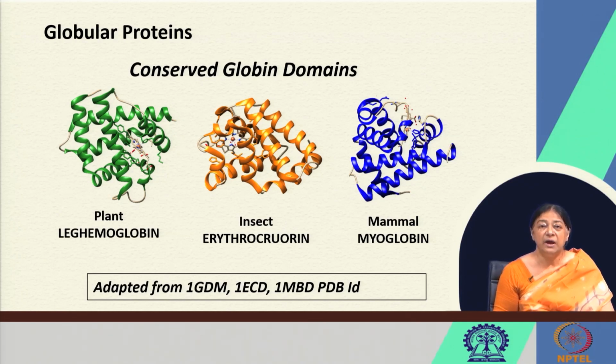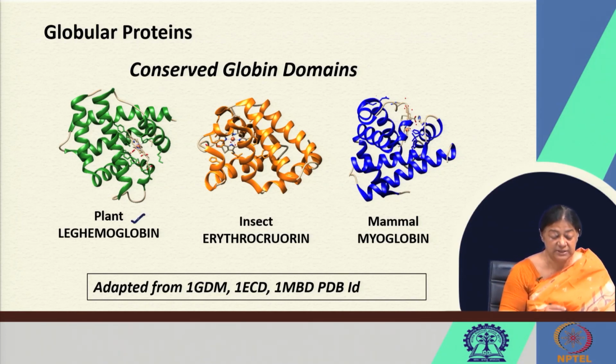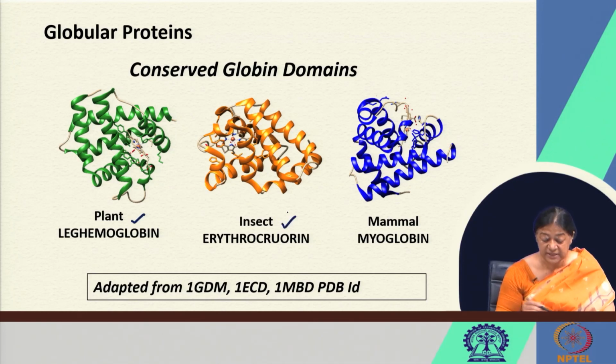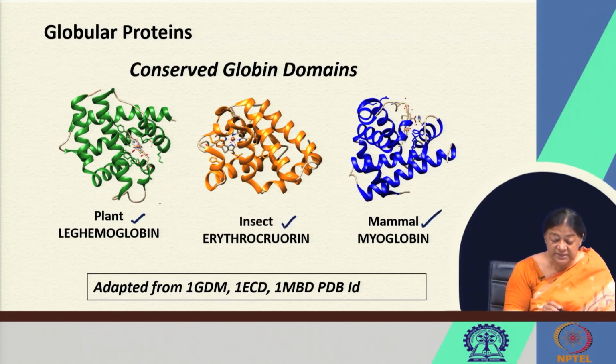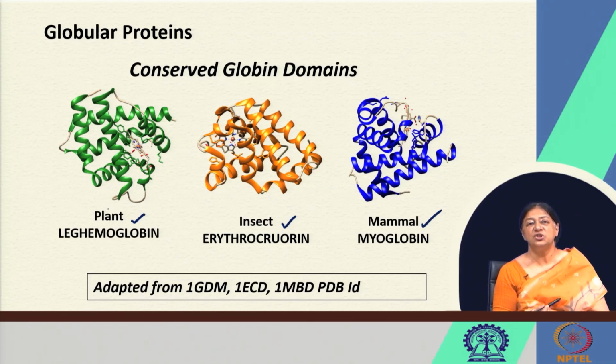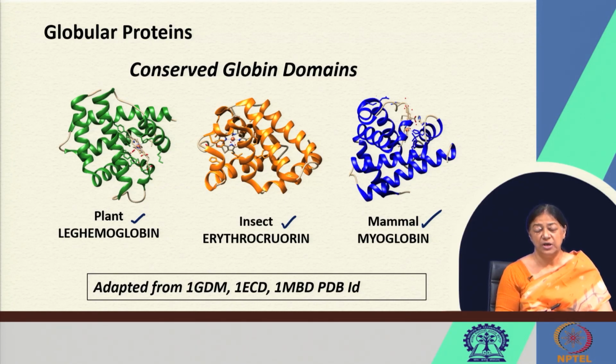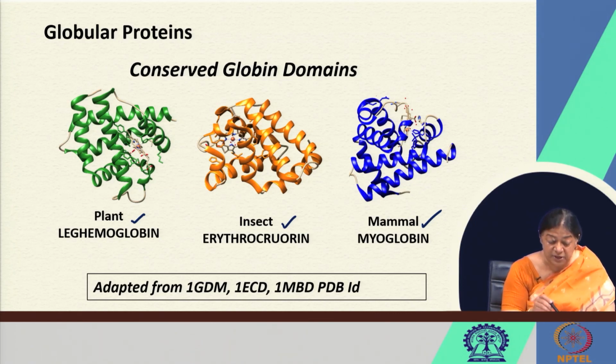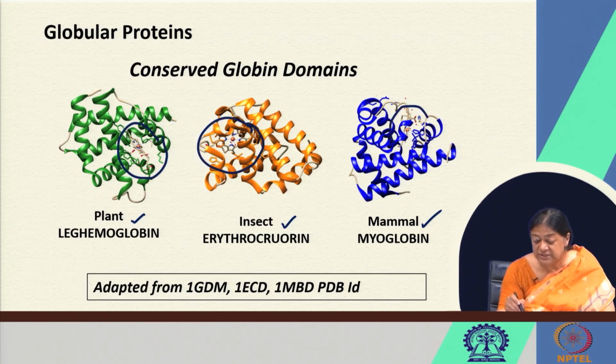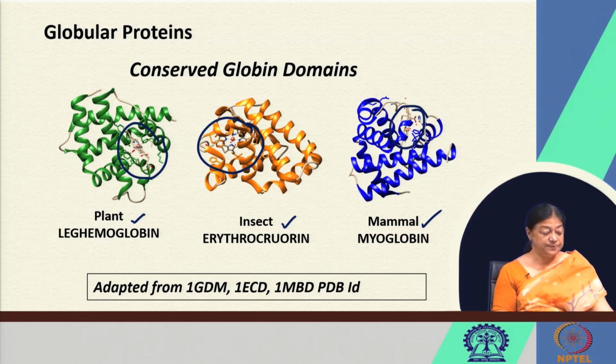The globular proteins are interesting in the sense that they form what are called conserved domains, many of them. In myoglobin, for example, I show you a picture here of a plant leghemoglobin, of an insect erythrocruorin, and a mammal. Now, what we see here is, if we just study the structures for a moment, we see that they have major alpha helical structures, but they do not look very much different, simply because they perform the same function in oxygen binding, where we can see the heme group attached.